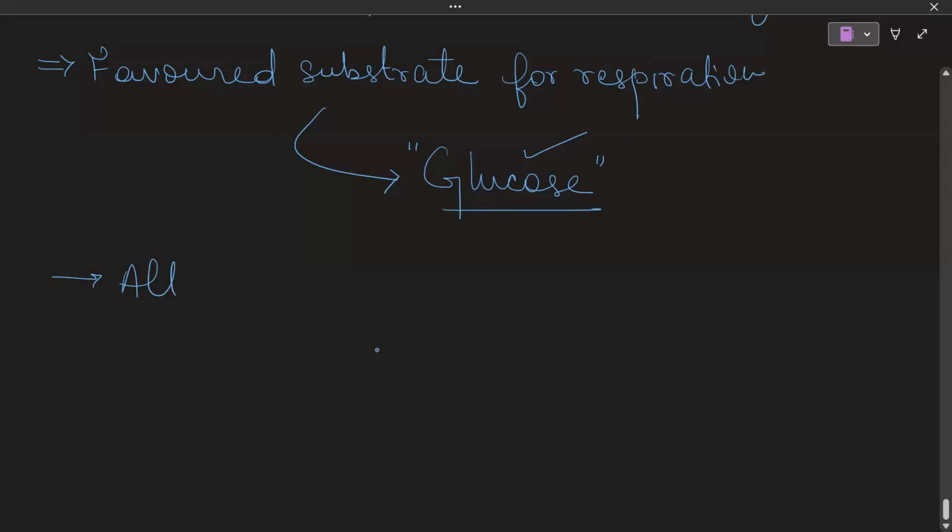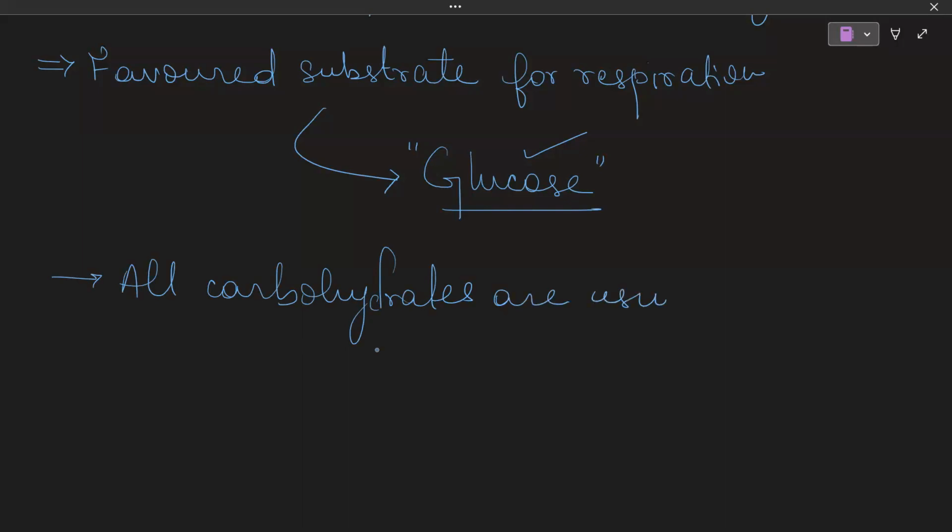Yes. So we'll write: all carbohydrates are usually converted into glucose before they are used for respiration.